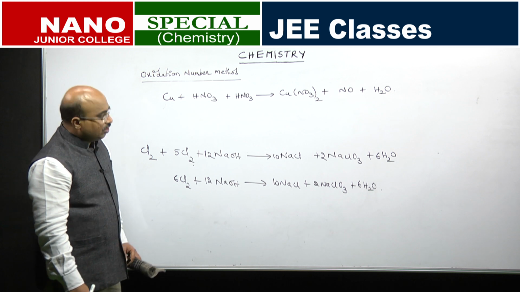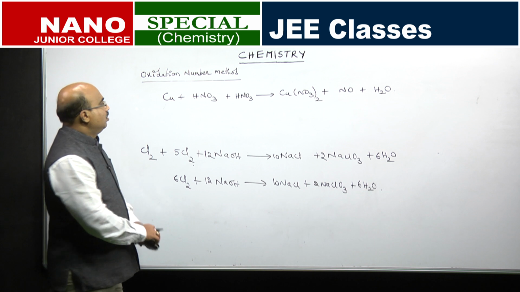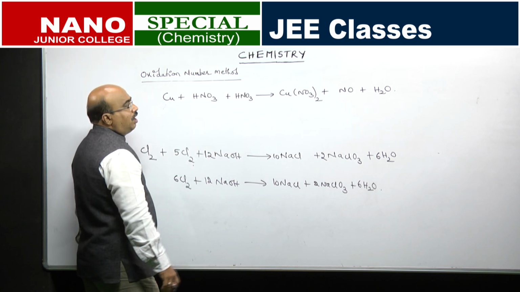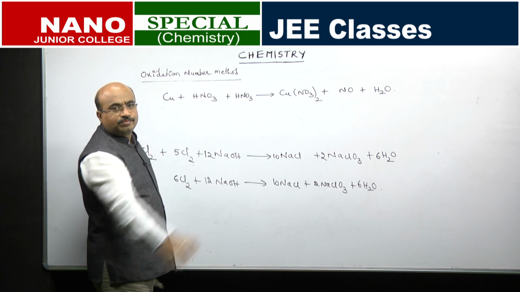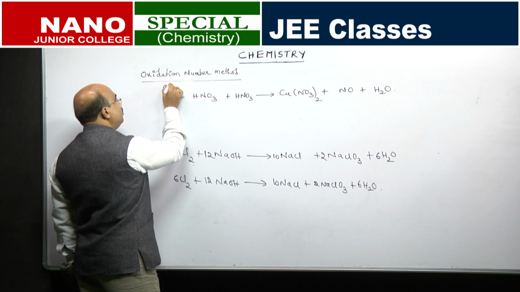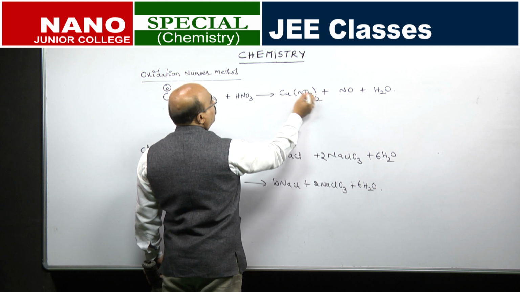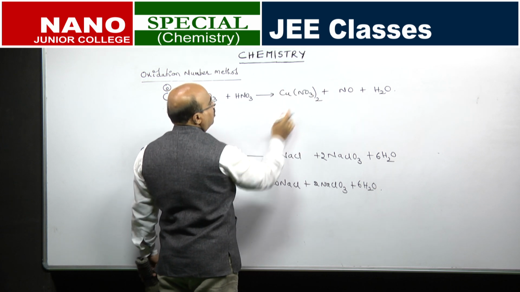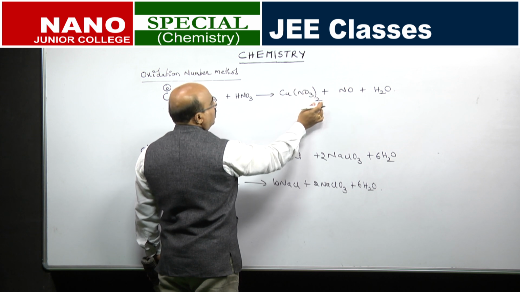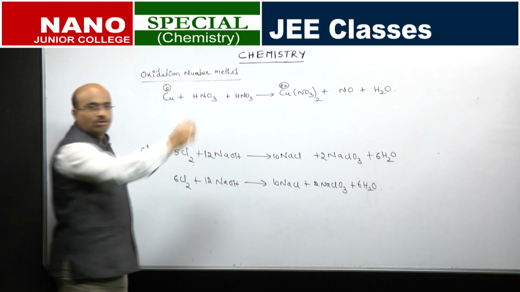Now, which element is changing in the oxidation state here? Hydrogens are always plus 1 here, oxygen is always minus 2, but copper here is 0 because it is an element. Here is the nitrate ion NO3 minus 1. So, total charge on the nitrates is minus 1 into 2, minus 2, so copper has to be plus 2. So, copper goes from 0 to plus 2.